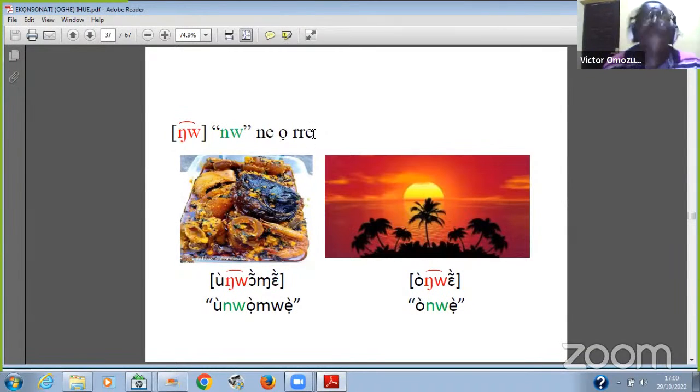And that is the we. There is no Edo speaker, well, let me say an average Edo speaker, that cannot pronounce the we. But when they are writing, they know that they want to write the we, but they don't write it the way it's supposed to be written.